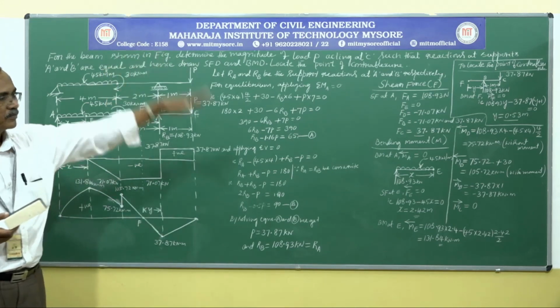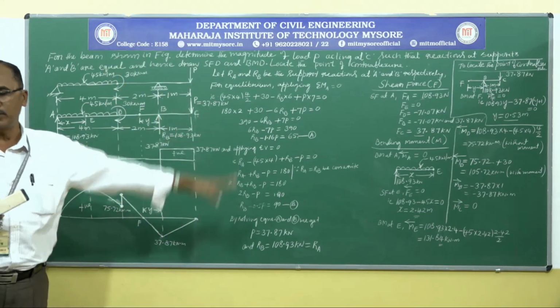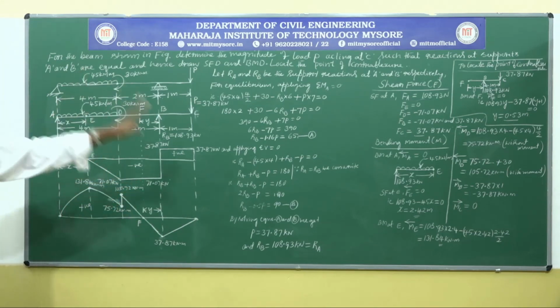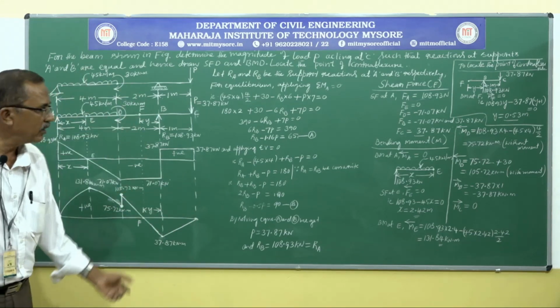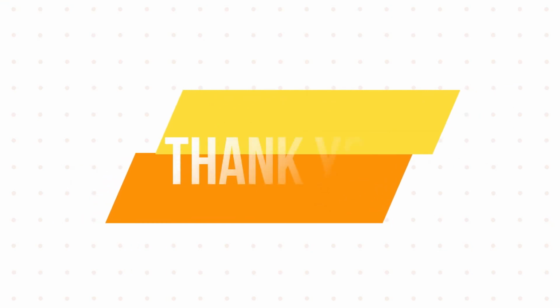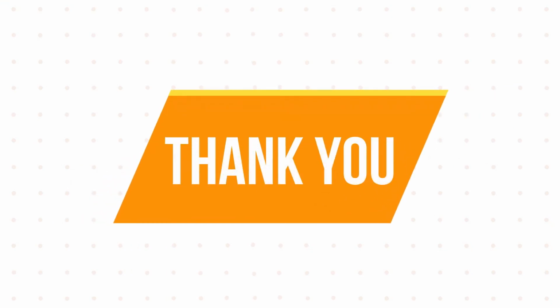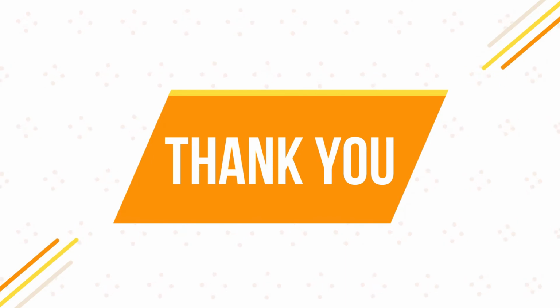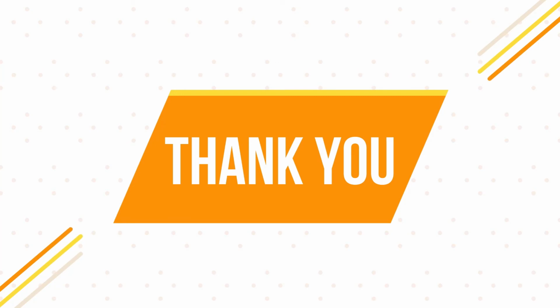In the entire problem we used only concepts, and we calculated the unknown values, and we have drawn the required diagram comfortably. So we will take some more problems in the next class with a combination of loads and moments, and again for different types of beams. Thank you.